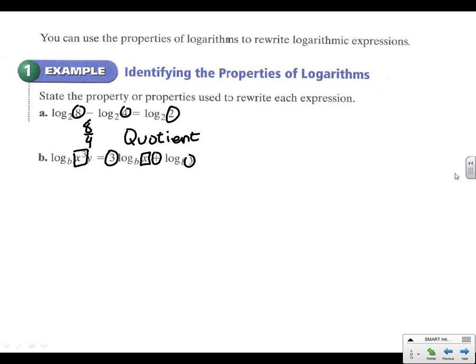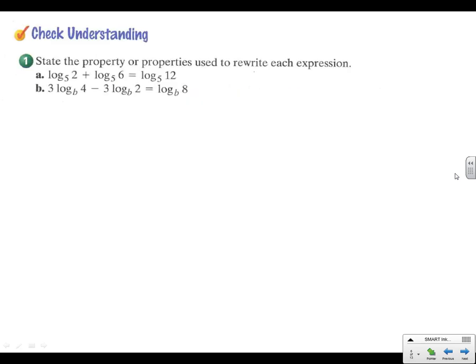So we're actually doing 2 things. The plus, splitting them up, is the product property, and then bringing the 3 out in front is the power rule. So we're using 2 different rules on part B. See if you can do the same thing and tell me what properties are used for the first understanding check.